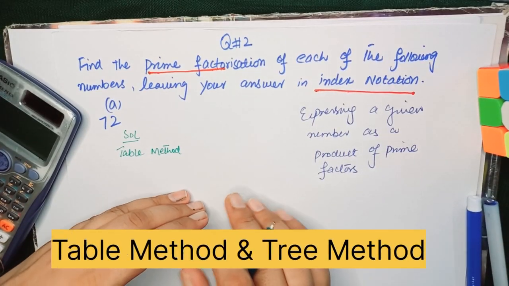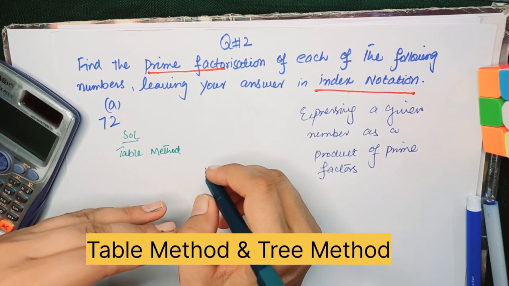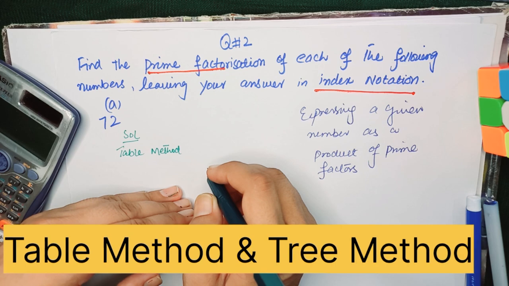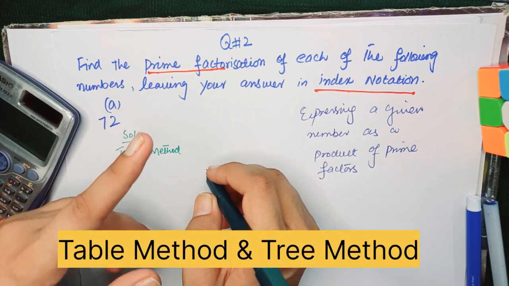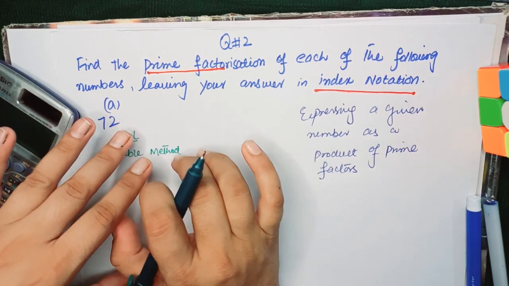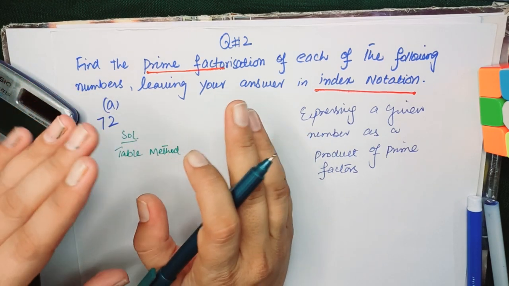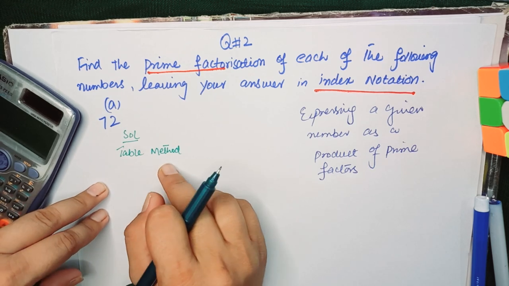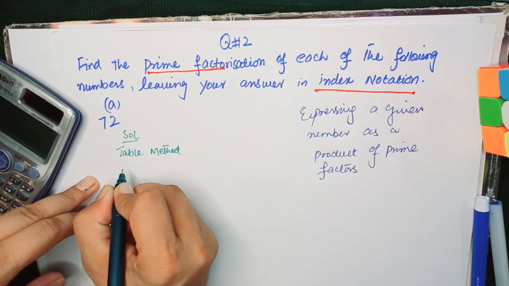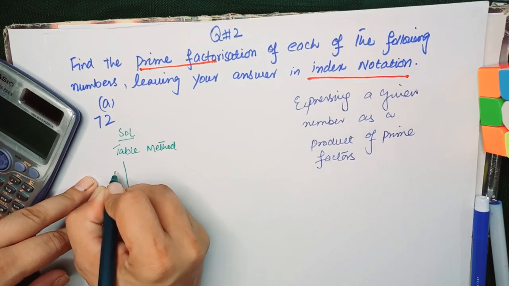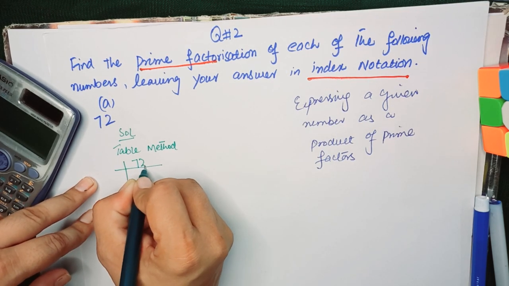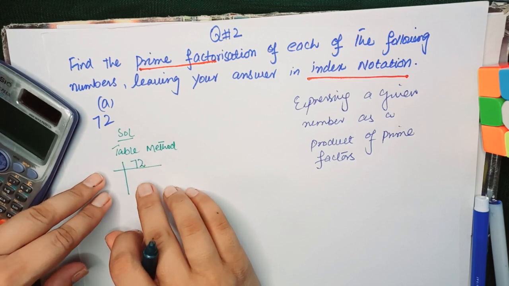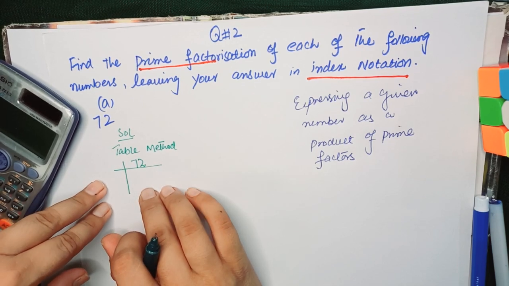So जो हमारा फर्स्ट पार्ट है उसको हम दोनों मेथड से करेंगे, टेबल मेथड से भी और ट्री मेथड से भी. एंड द रिमेनिंग क्वेश्चन वी विल डू बाय वन मेथड. सो आपने अच्छे से दोनों मेथड्स को समझ लेना है. सो फर्स्ट वी आर डूइंग द टेबल मेथड एंड व्हाट वी विल डू इज दैट वी हैव टू ड्रॉ अ टेबल. ओके, 72 हम प्राइम फैक्टराइजेशन करें. मीन टू से वी हैव टू यूज द प्राइम फैक्टर्स.